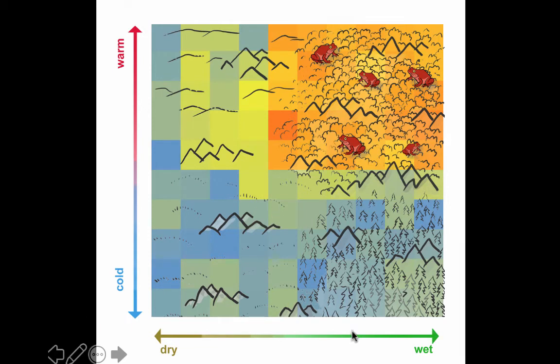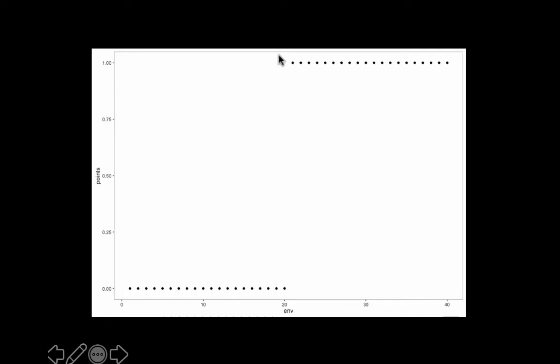So we're going to collapse this down to a one-dimensional environmental gradient here and say, we've got a bunch of occurrence points at one end of this gradient, and a bunch of absence or pseudo-absence or background points at the other end. And so discrimination accuracy is just saying, how well does my model assign higher scores to my known presences than it does to my known absences or background data?